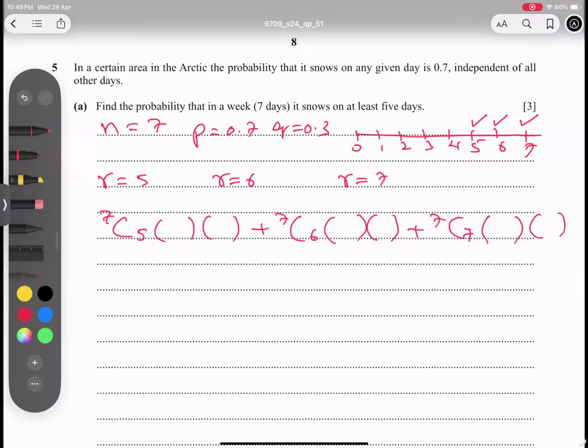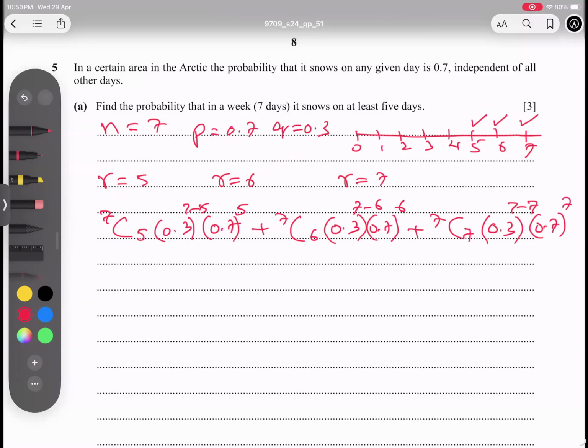In each bracket, q comes first: 0.3, then 0.7. The powers are the differences: 7 minus 5 is 2, 7 minus 6 is 1, and 7 minus 7 is 0.